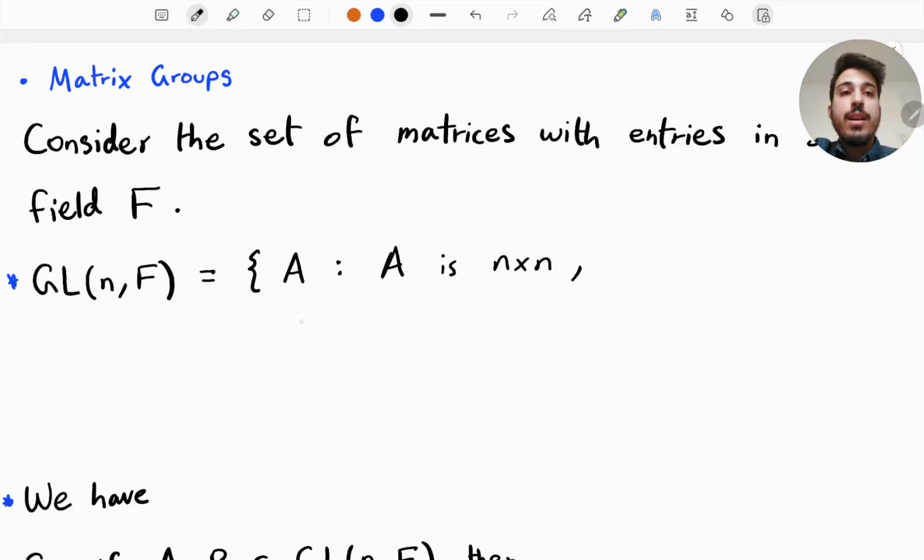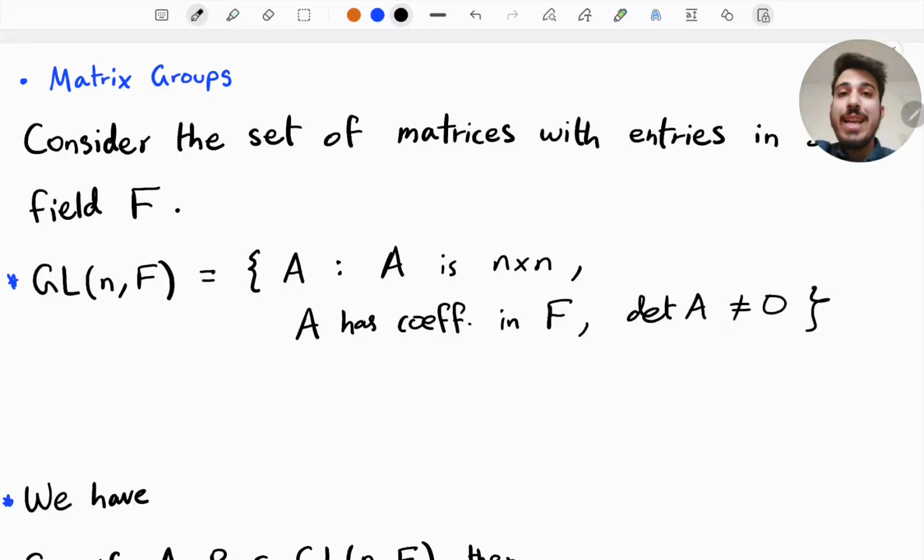The coefficients in A are all in the field F. And lastly, and most important, the determinant of A is not 0. In other words, A is a non-singular matrix that can be inverted.